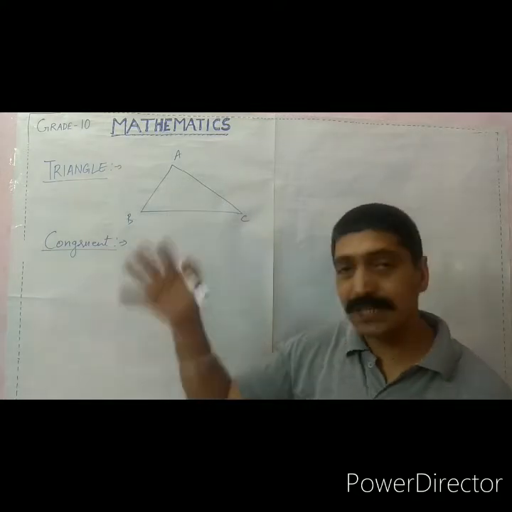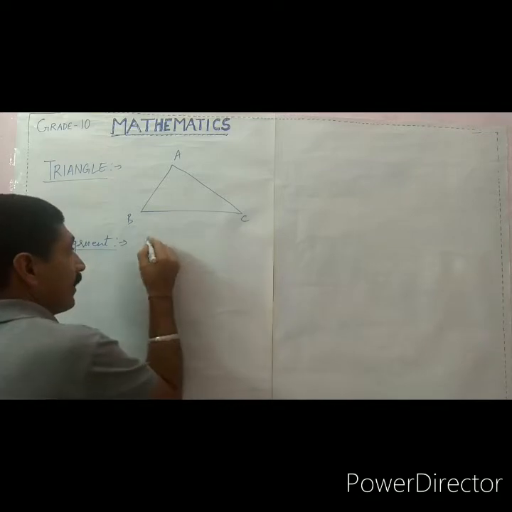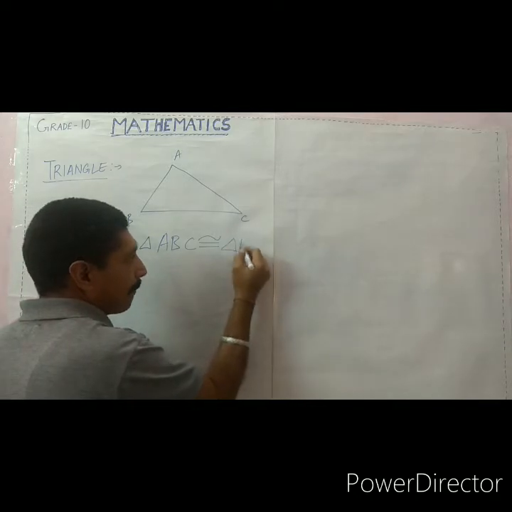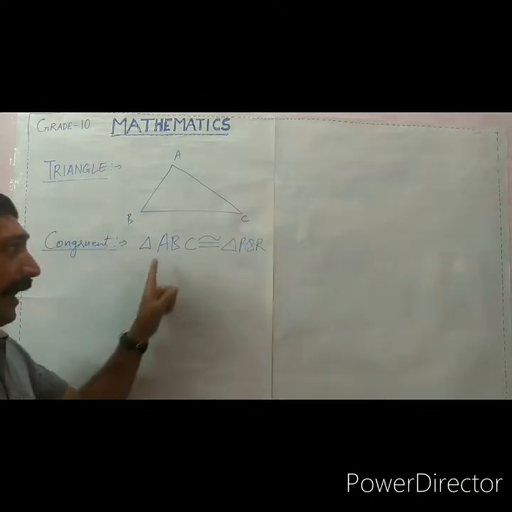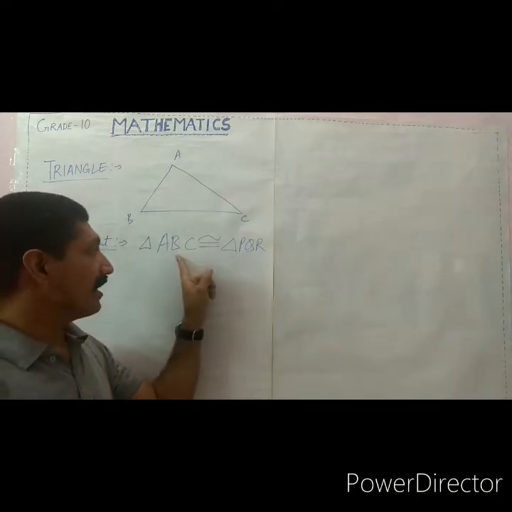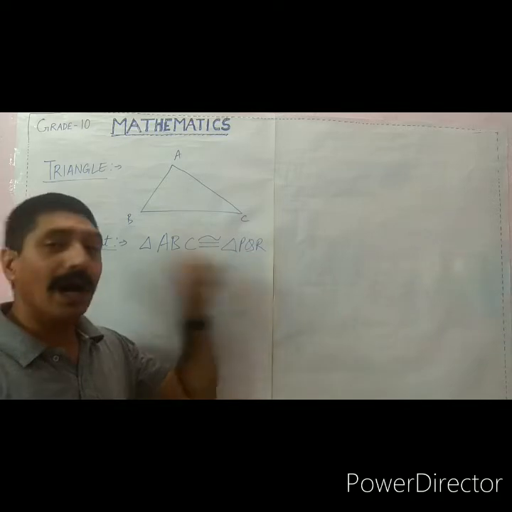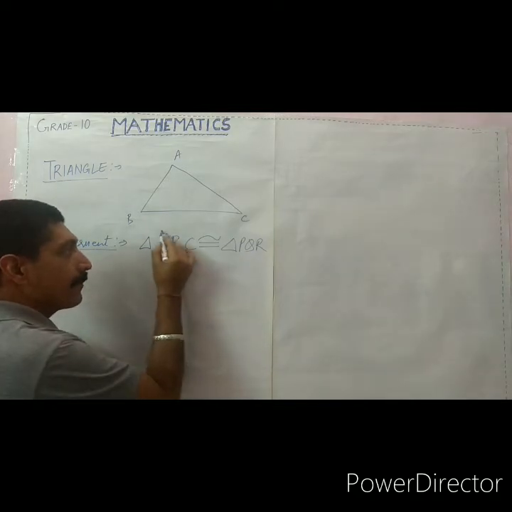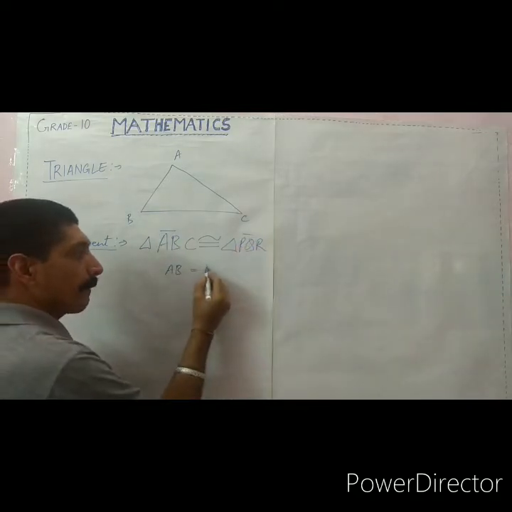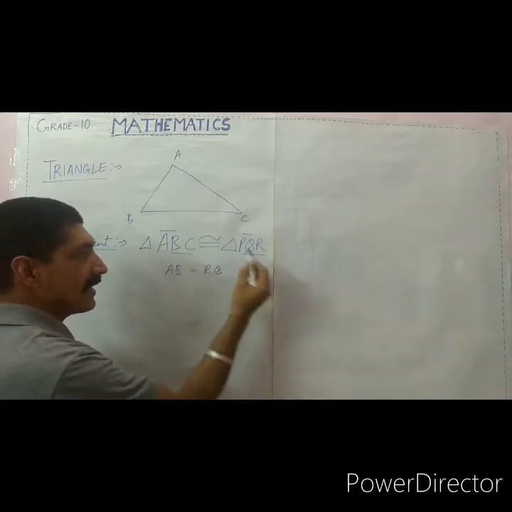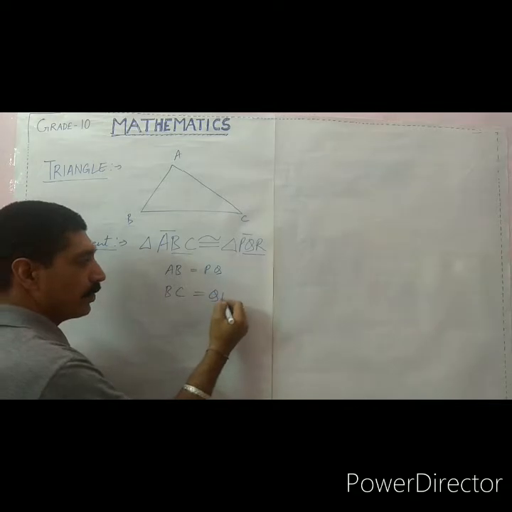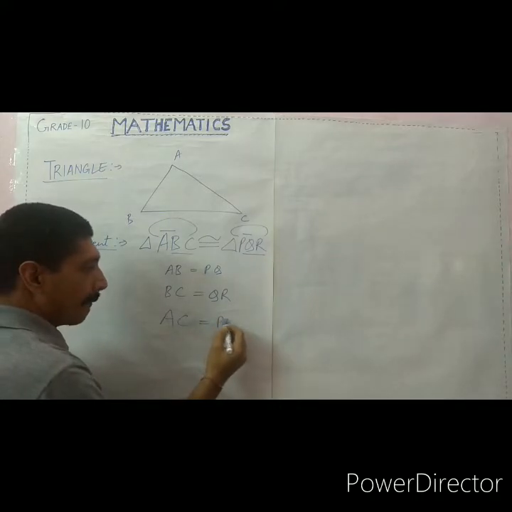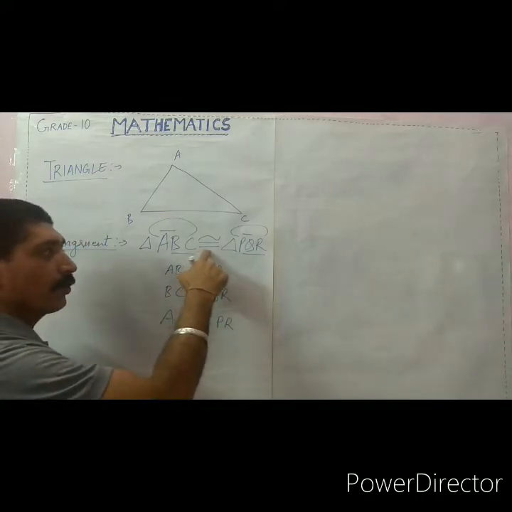Two triangles are said to be congruent when triangle ABC is congruent to triangle PQR, when angle A is equal to angle P, angle B is equal to angle Q and angle C is equal to angle R. And corresponding sides, side AB is equal to PQ, the second side BC is equal to QR, and the third side AC is equal to PR. This is a sign of congruency.